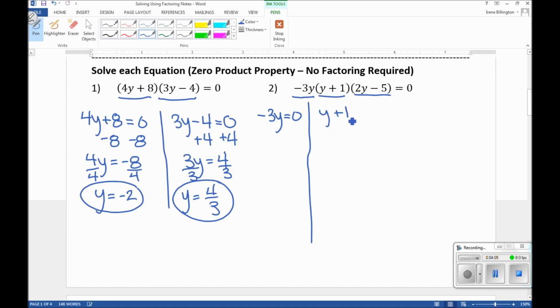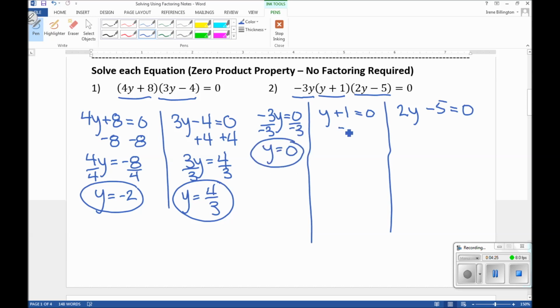Next, I have y plus 1 equals 0. And last, I have 2y minus 5 equals 0.